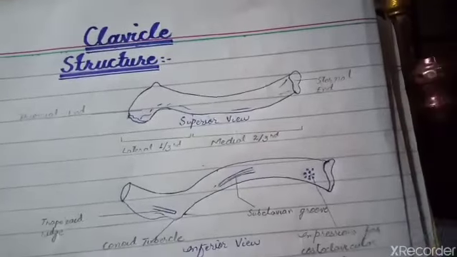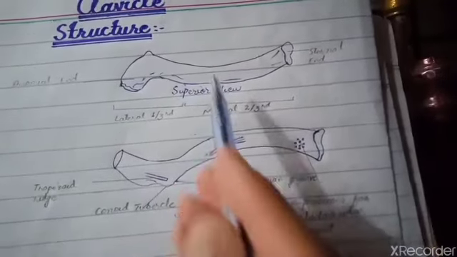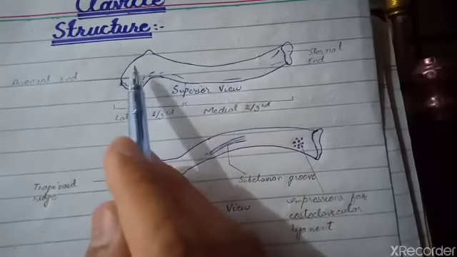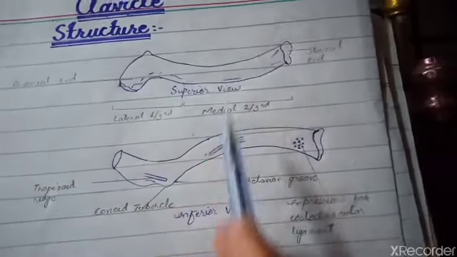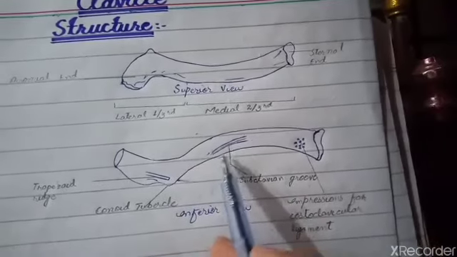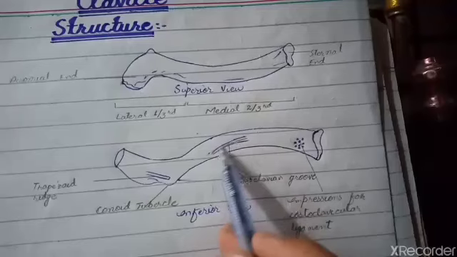And when we talk about the subclavian groove, this is the superior view. On the superior surface there is no subclavian groove, while when we look at the inferior view, the inferior surface has the subclavian groove.